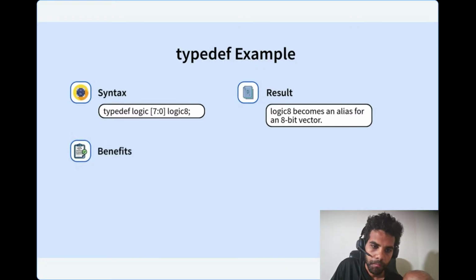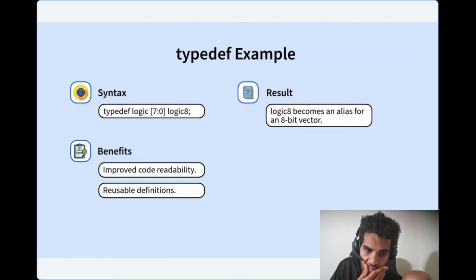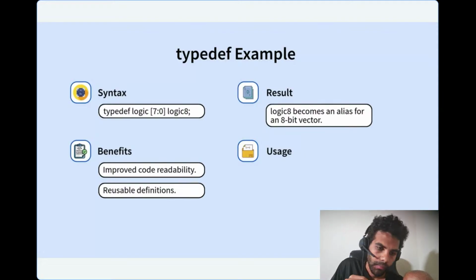So this makes our code easier to read and lets us use the same definition wherever we need an 8-bit signal. So now we can declare the variable using this new type. So we write logic8 example, which is equivalent to logic [7:0] example.